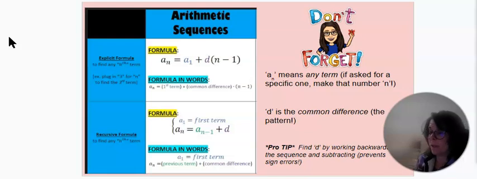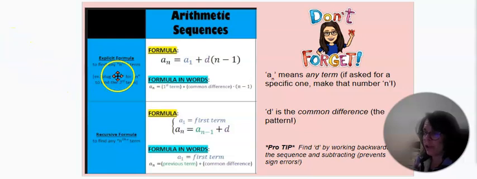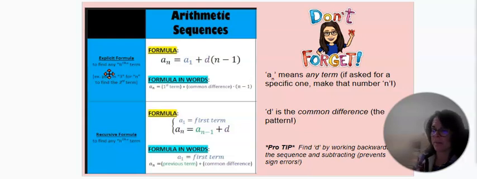Okay, here's the formulas for arithmetic sequences. They look a little scary, not gonna lie, but I promise you we're gonna go through lots of examples in class. There's two formulas, the explicit formula and the recursive formula. We use the explicit formula to find any term.